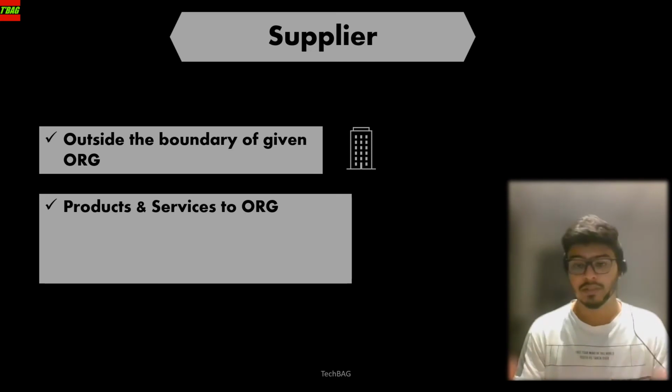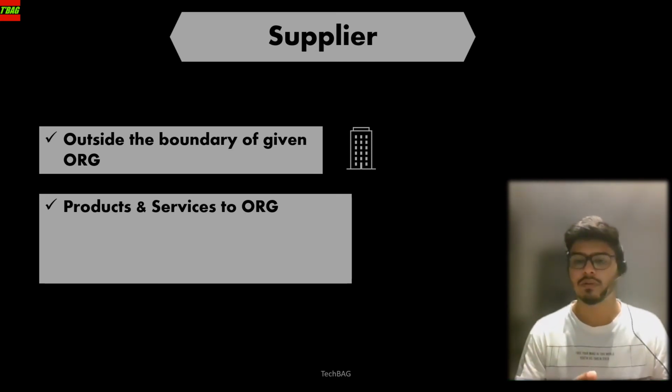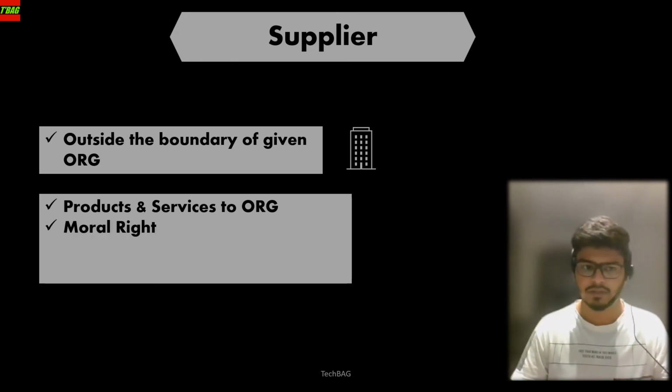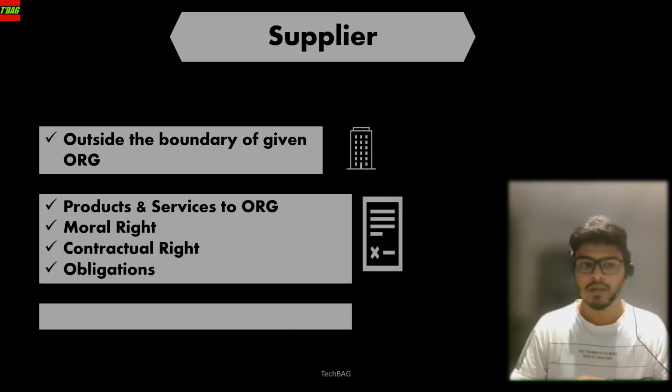Now, what do they do? They provide the product and the services to a particular organization. When they provide a particular product and services to an organization, they have a moral right and a contractual right, obligations as per the enterprise.